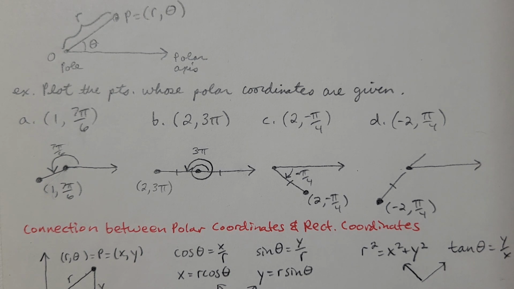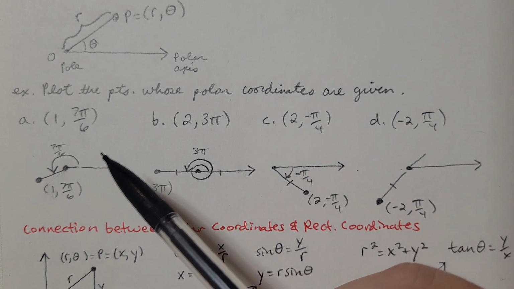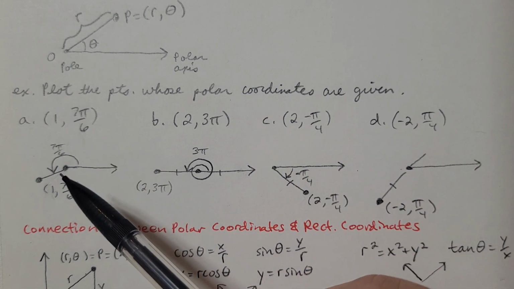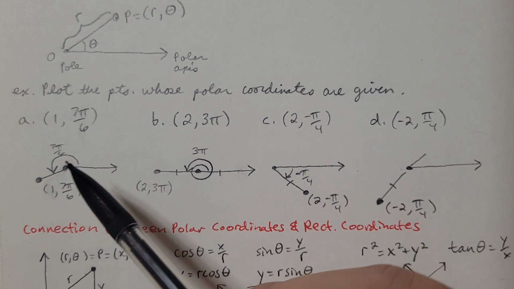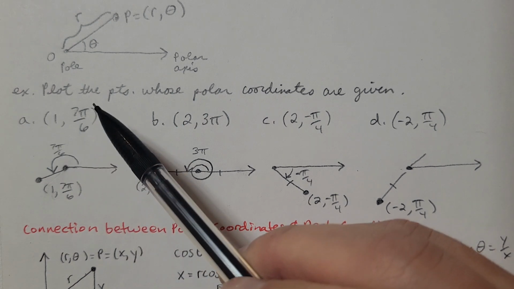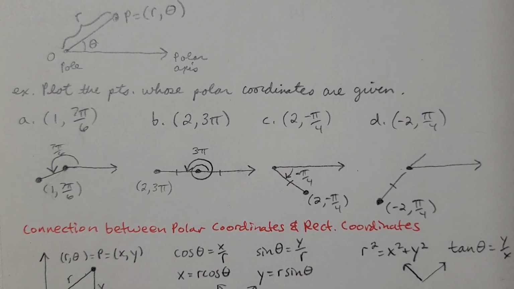I have the 30-degree axis, the 45-degree axis, the 60-degree axis. For most of the problems here, they're going to use radian measure, so there's the pi over 6 axis, the pi over 4 axis, the pi over 3 axis, etc.